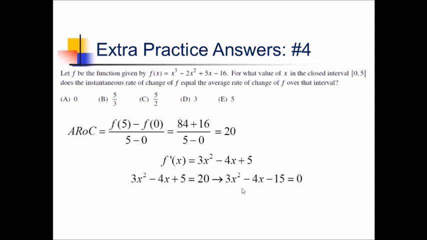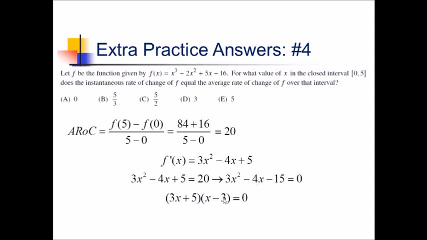I went the factoring route, so we've only got two things that can multiply to give us 3x squared, 3x and x, and for 15 we've got the possibilities of 1 and 15 or 3 and 5. I'm just going to randomly test one of these possibilities. So I've got 3x plus 5 and x minus 3, and there's other combinations we could have done. If I multiply this out, that's going to be negative 9x, and then I'll have a 5x to go with that, giving me the negative 4x in the middle.